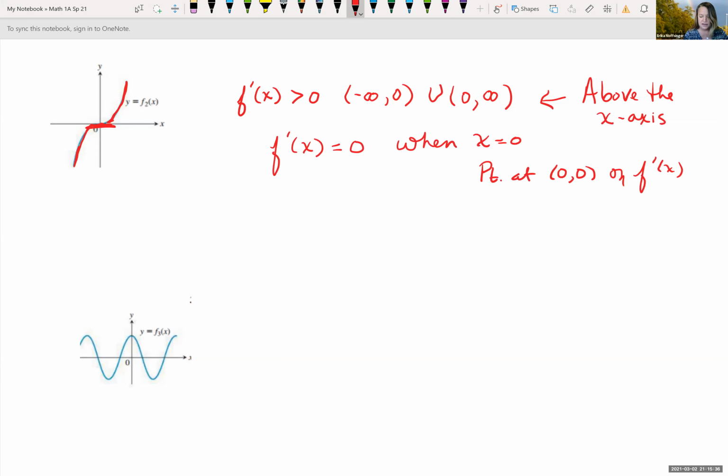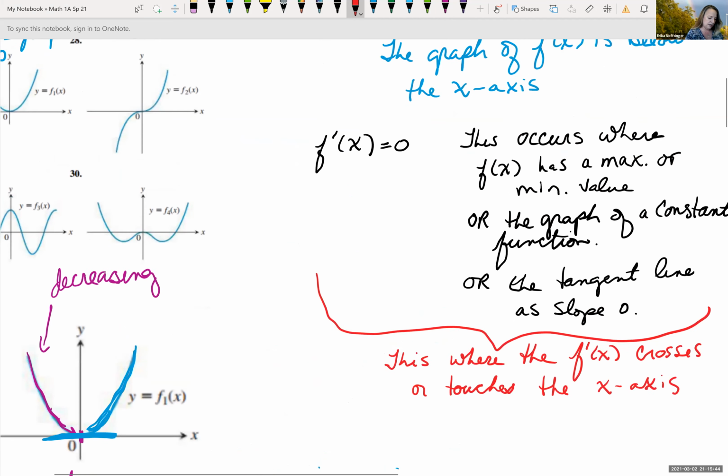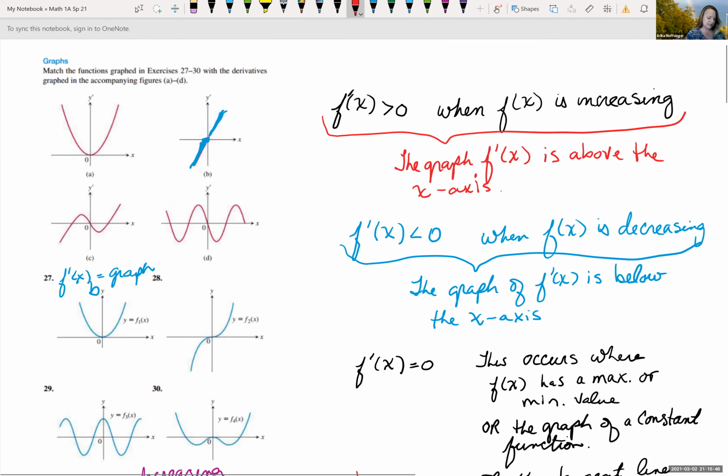So I would go back to the graphs of the derivative and look to see if anything is strictly above the x-axis except for 0, 0. And if we do that, notice that A, the parabola, is strictly above the x-axis and we have a point at 0, 0. So for 28, f prime of x is equal to graph A.